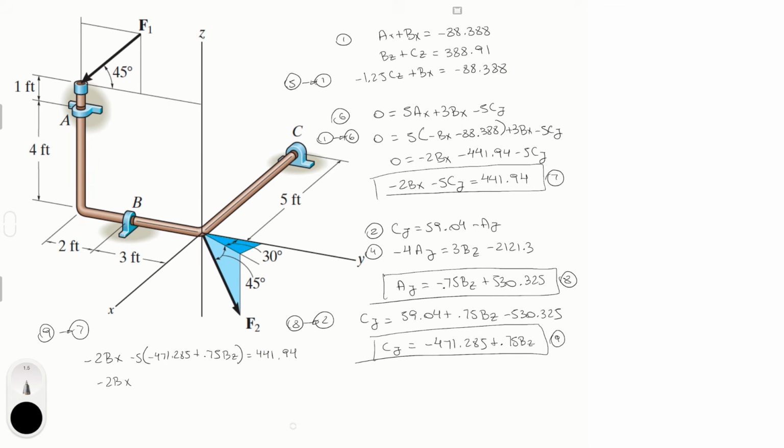Keep solving this. 2356.425 minus 3.75 BC is equal to 441.94 minus 2bx minus 3.75 BC.